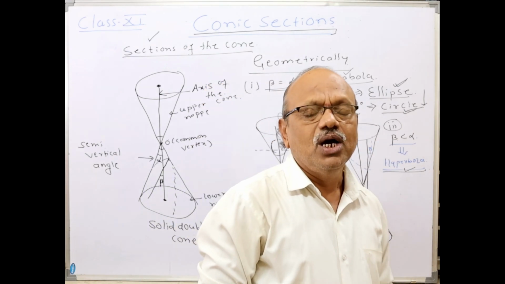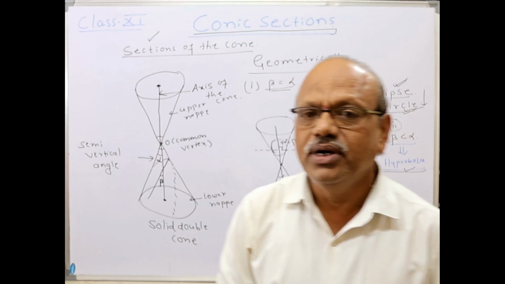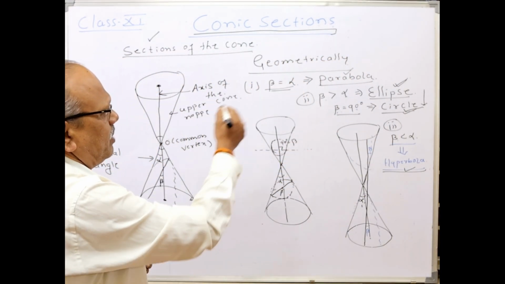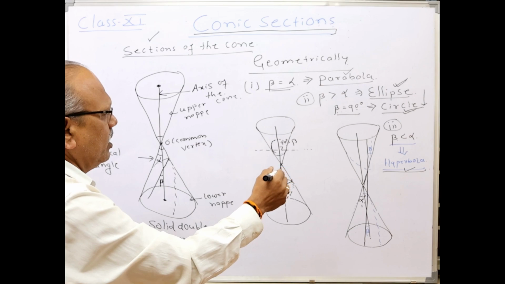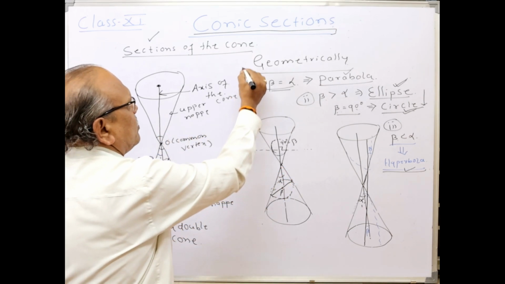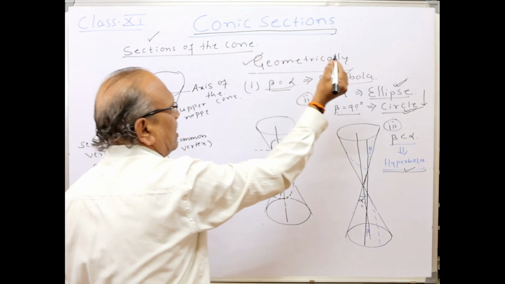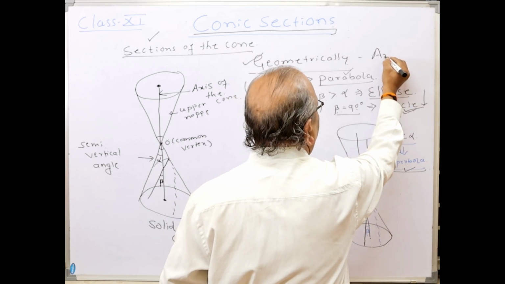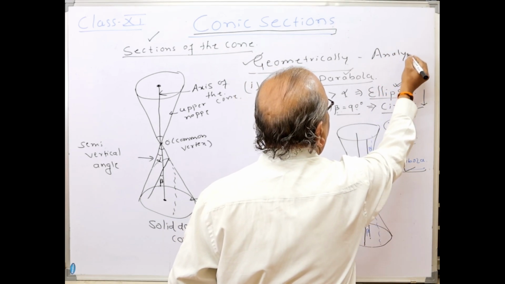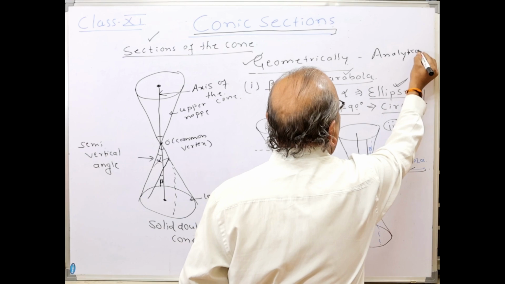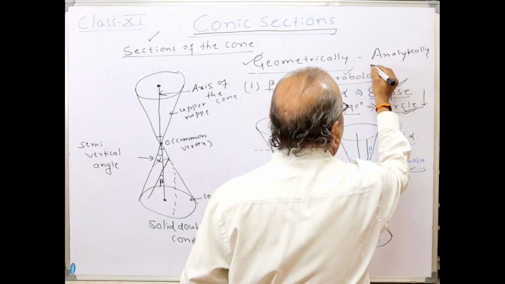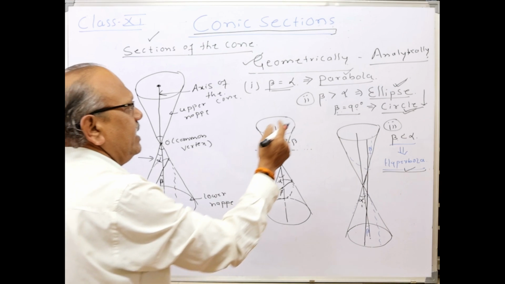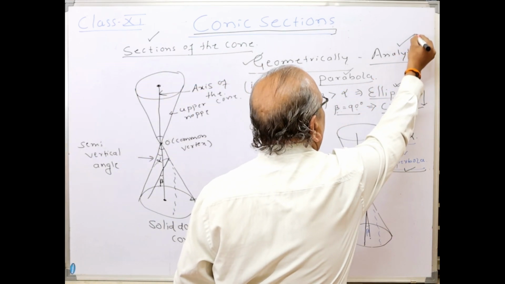In this chapter, we are going to derive the different equations of the ellipse, parabola, circle and hyperbola analytically. This discussion was geometrical, and now we derive the equations based on their properties analytically, in coordinate geometry. We derive the equation, then study the properties of that particular conic in terms of coordinate geometry.